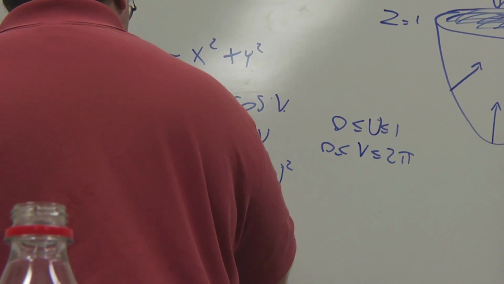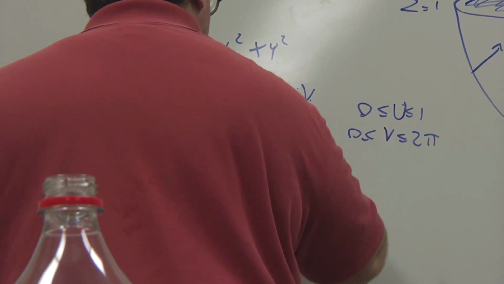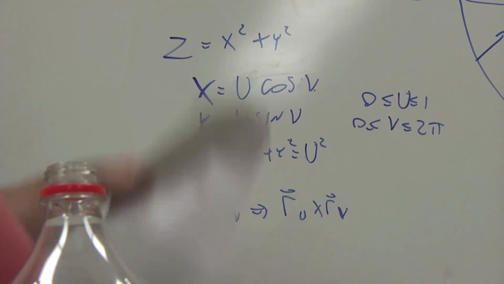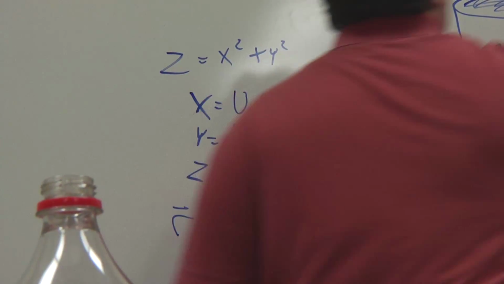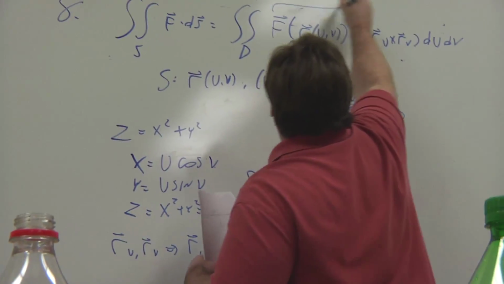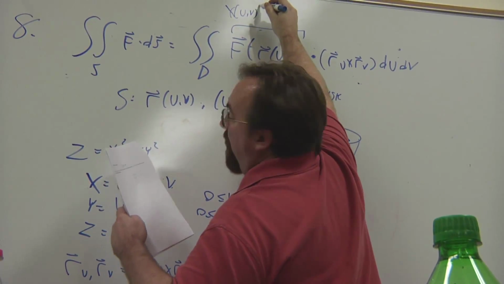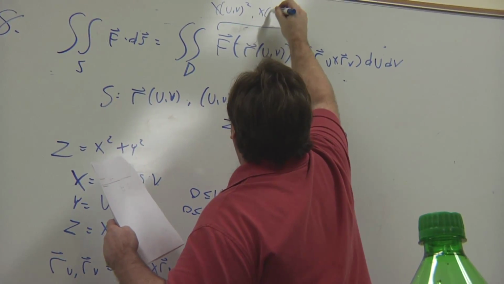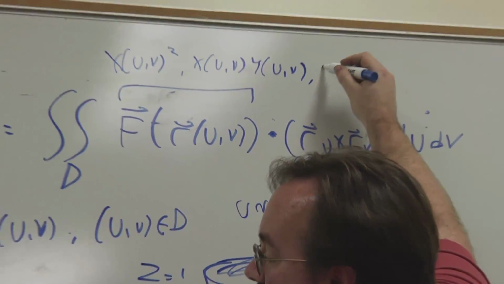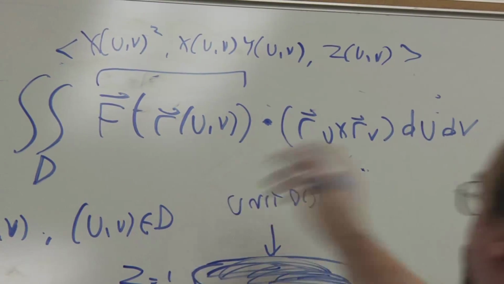Then you go ahead and compute r_u, r_v, and then take your cross product. You work all that out, which will go up here. Substitute x, y, and z into f, so I have x of u v squared, x of u v, y of u v, and then z of u v. You substitute the parameterization in there and work it out.